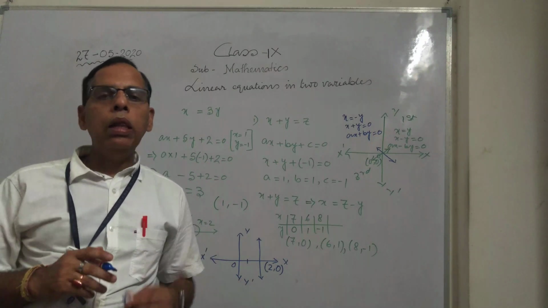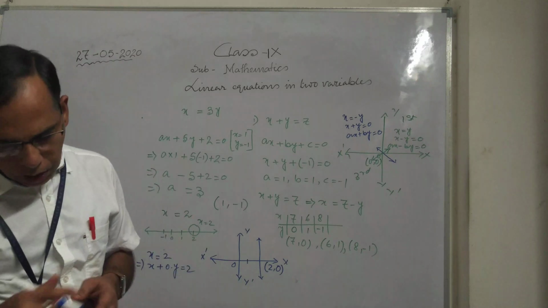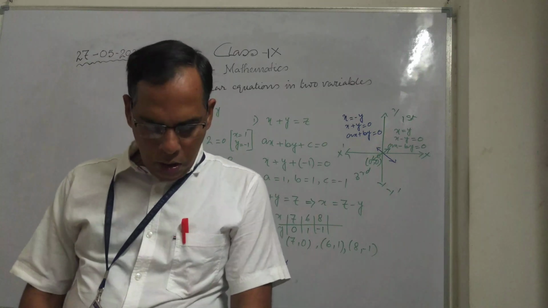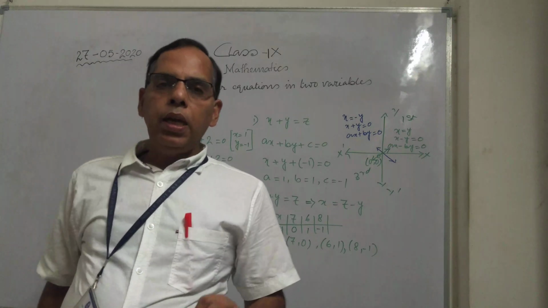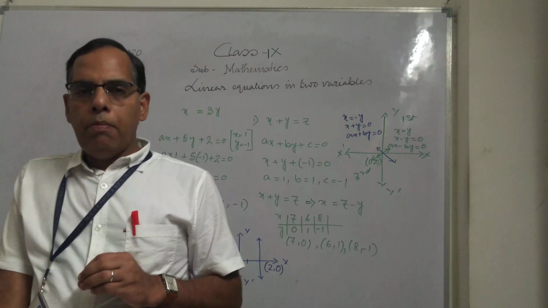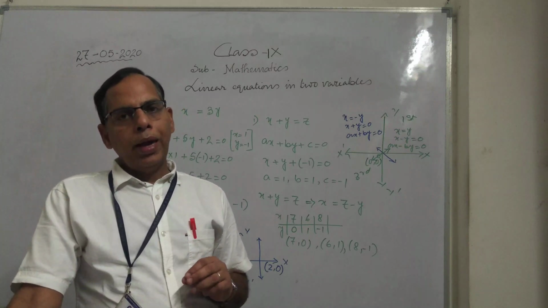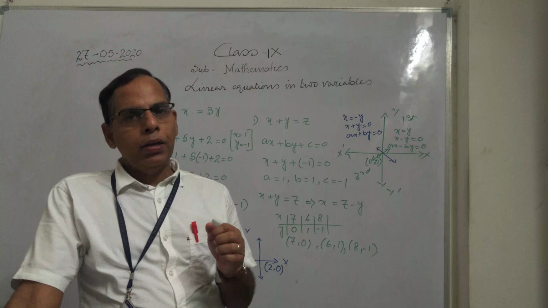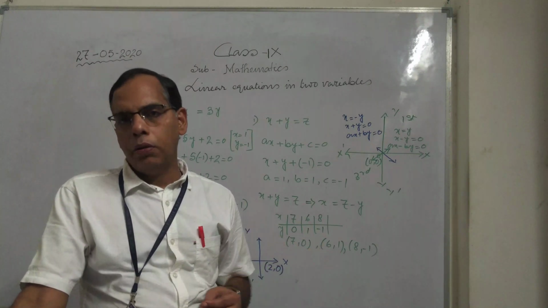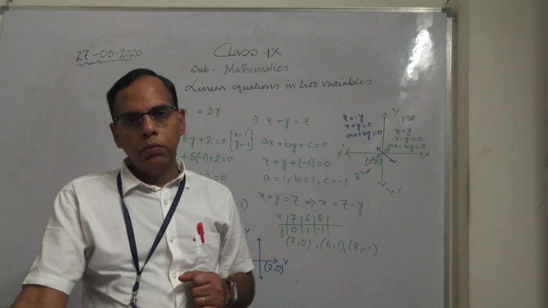Okay, now let us discuss some extra questions. Now here in this chapter, what are the probable questions that may come in the exam? You will get 1 mark questions. What is the coordinate of the origin?